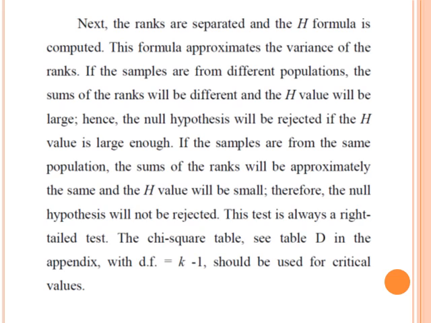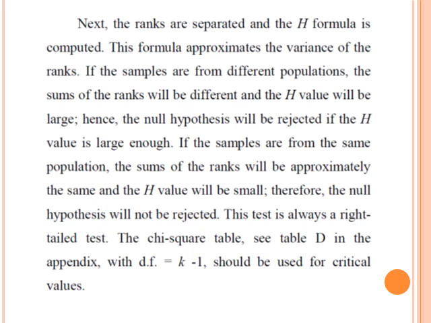The value will be large when the samples come from different populations and the variance and sums of ranks are very large, but it may be small when the samples are from the same population, and the sums of the ranks will be the same, so H will be small.